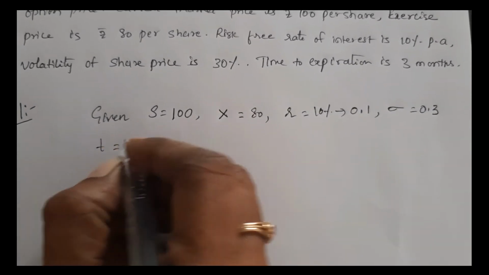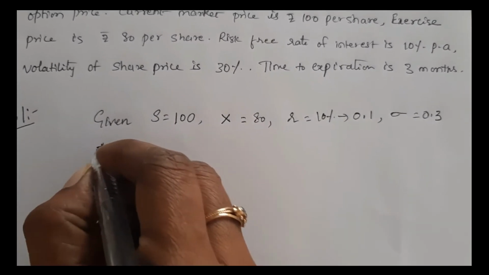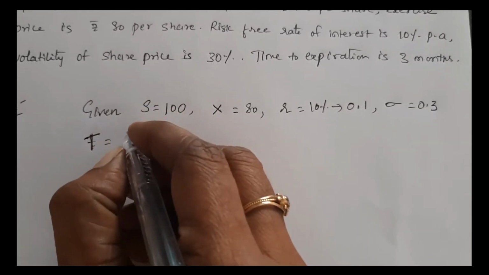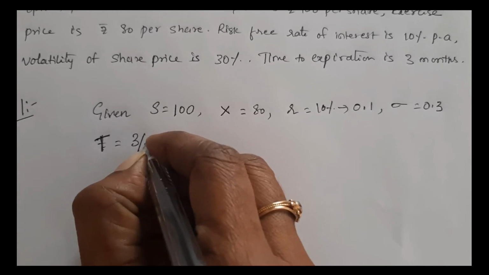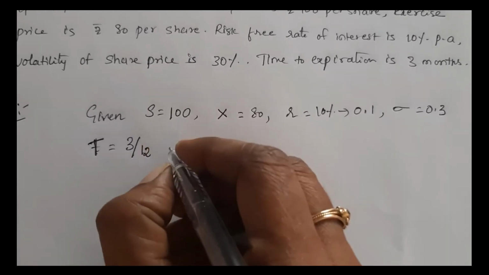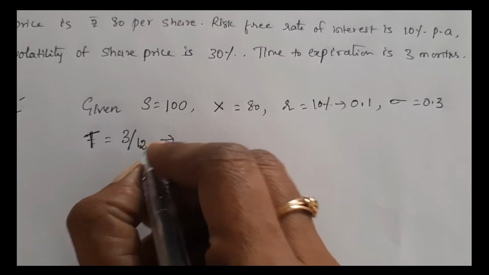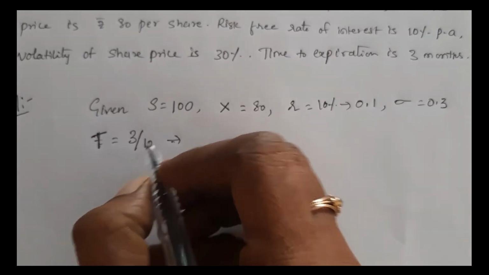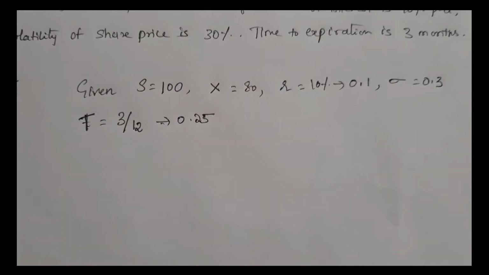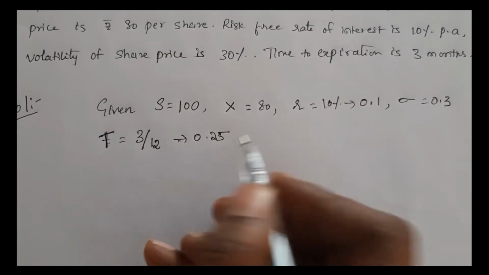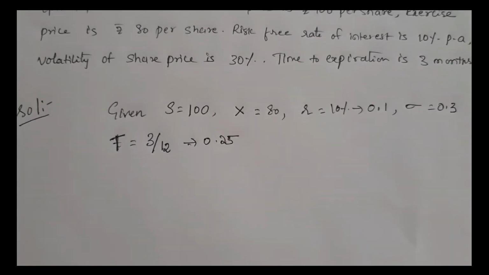And the time to expiration T is given 3 months, which can be written as 3 by 12, which is 0.25.